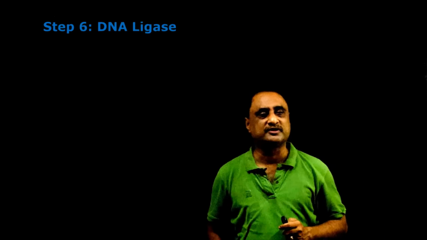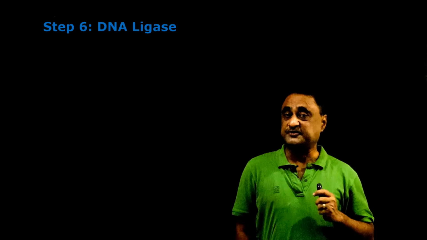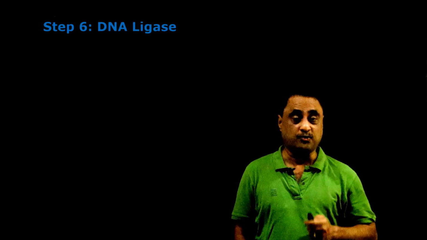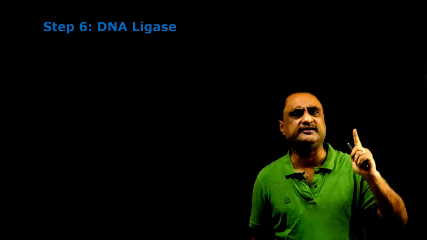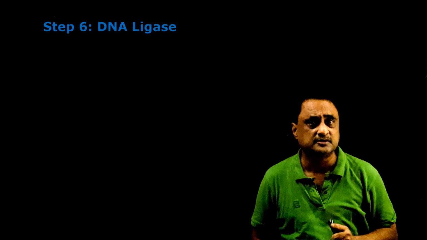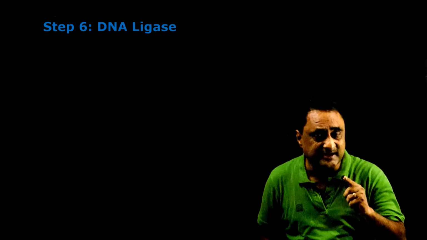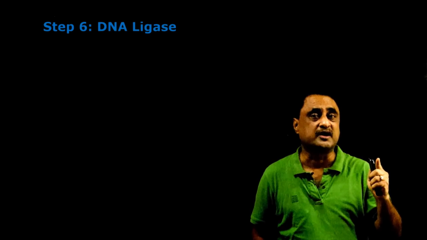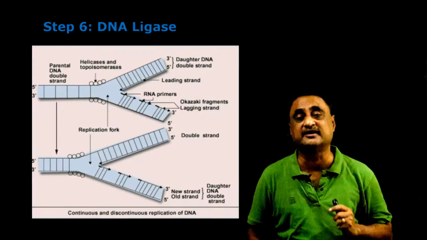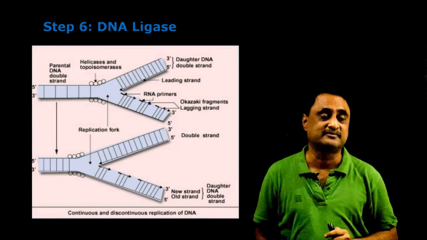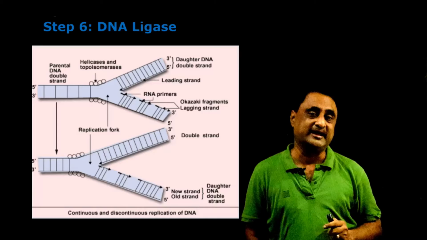Let's talk about step 6. Step 6 is DNA ligase. One thing I would like to add about DNA ligase: all the steps in DNA replication were enzyme driven and required energy in the form of ATP, except DNA ligase, because DNA ligase is an NAD dependent enzyme. It doesn't require any ATP.